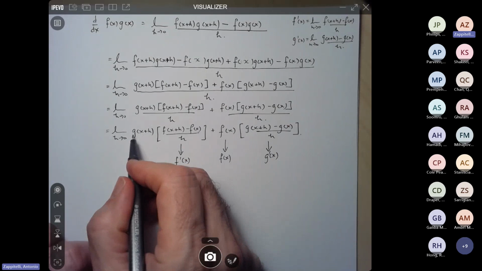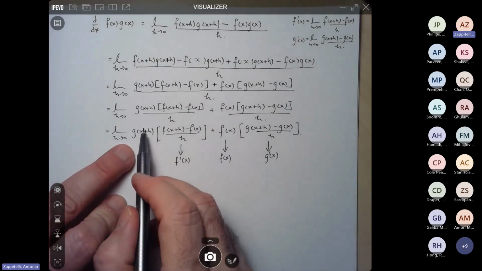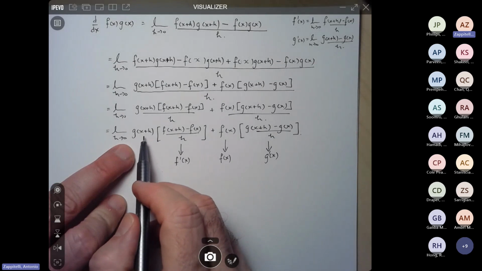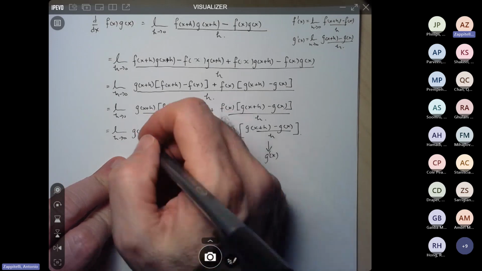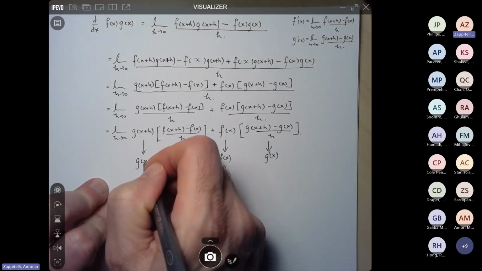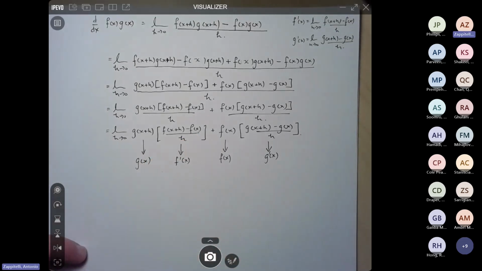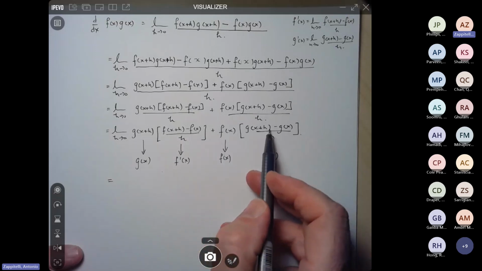And here, well, wait a minute. H is approaching 0, so what's happening inside that bracket? The thing inside the bracket is just getting close to x. So this is just approaching g at x. Okay? And so what do we have when we take the limits of all these parts?